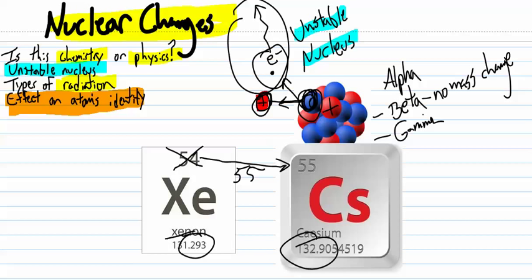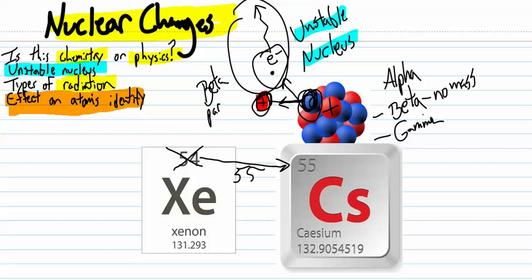They did change. This was 131 and this is 132. Well, remember, different atoms have different isotopes, different masses. So when we're talking about radiation, giving off a beta particle, or this little electron, doesn't change the mass.